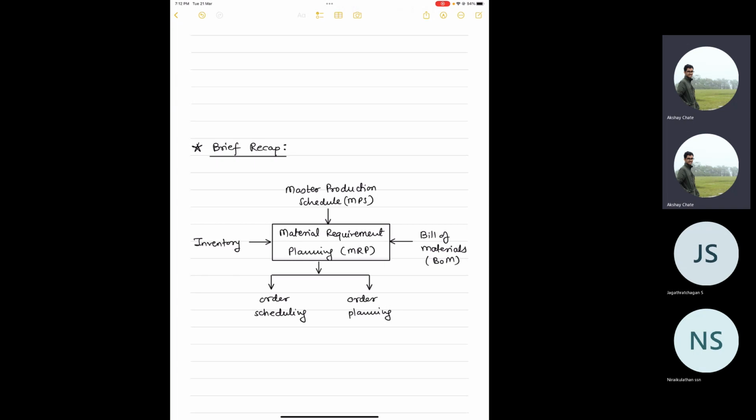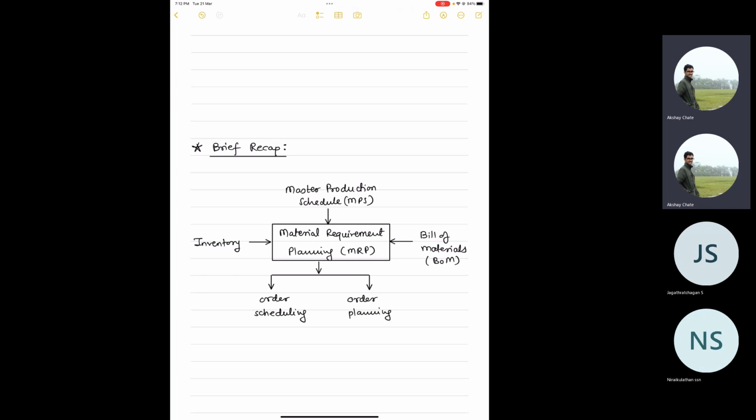And if you have proper MRP, if you are delivering orders on the desired quality and on time or before time, then your customer service also improves, which consequently leads to the growth of your business.